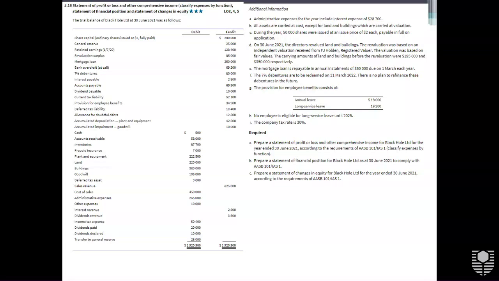If it's an asset or a liability, also decide, is it current or non-current? Current means you're going to get the benefit within 12 months. Non-current means that you're going to get the benefit or have to pay the obligation in a period greater than 12 months.